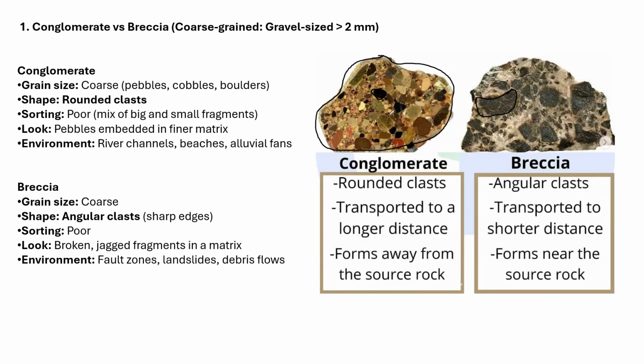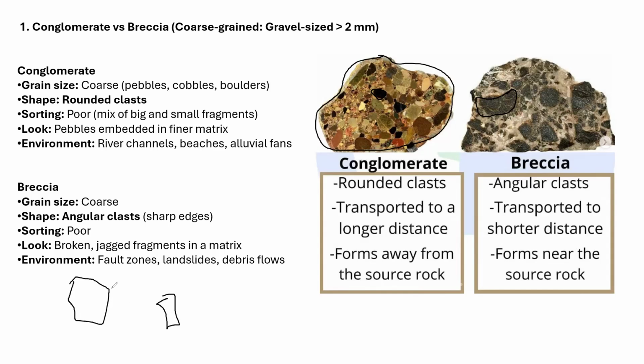If they are smooth, then we know they are rounded, then we're talking conglomerate. If they are not smooth, they are sharp, then we're talking about angularity, then we're talking about breccia. All this is because of the mode of transportation. If this is the source, and you find material closer to the source, it means you'll have angular clasts.